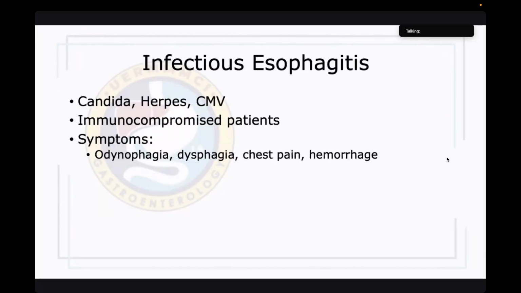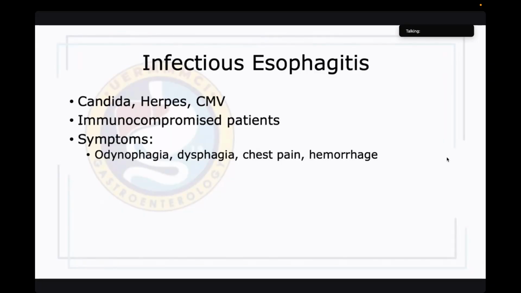For infectious esophagitis, the most common causes are Candida, herpes, and CMV. Those that are at risk for infectious esophagitis are those who are immunocompromised. So those with HIV, patients who have malignancy, especially those with history of chemotherapy, or patients who have undergone organ transplant.